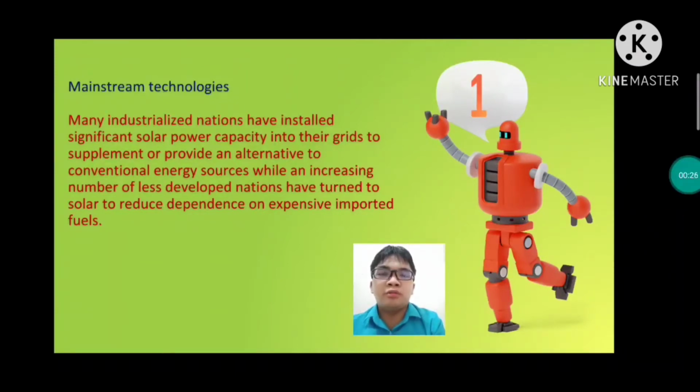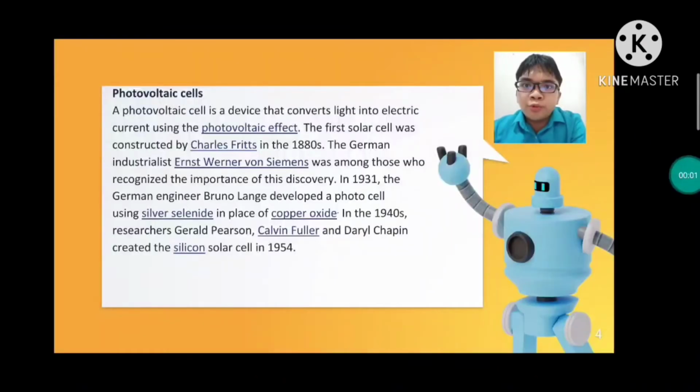In our country, this is only used as an alternative as of this moment, because it can serve as an alternative energy source for those areas that are far enough from the other sources of energy.